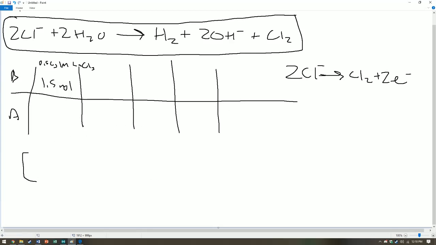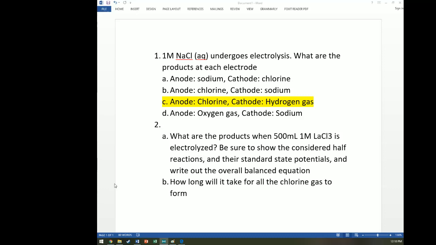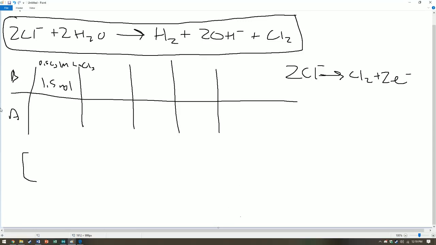And it turns out I forgot to give you some information, so let's give you that information right now. Let's say it was running at a current of 1 amp.